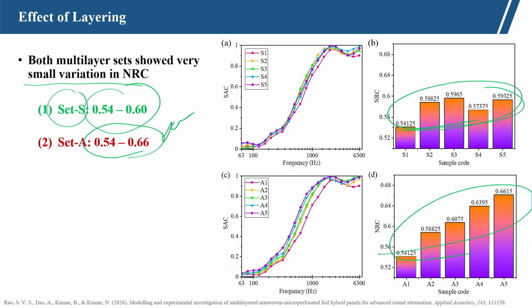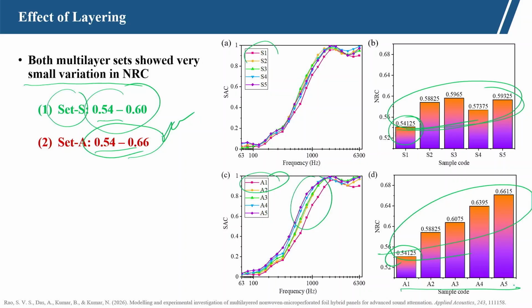Even though the difference is not so significant, A1 or S1 with a single layer shows the least sound absorption coefficient or noise reduction coefficient within that range, but there is a trend.